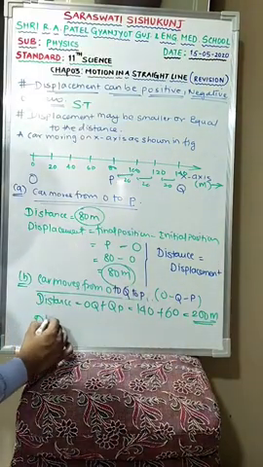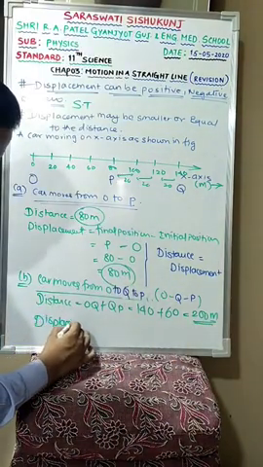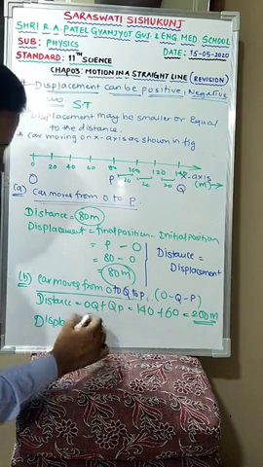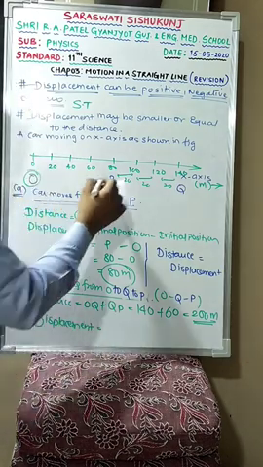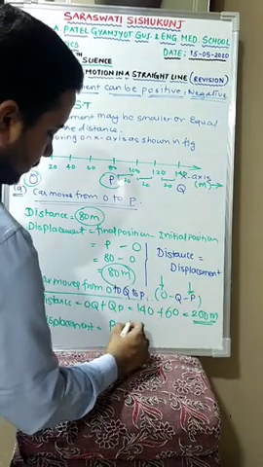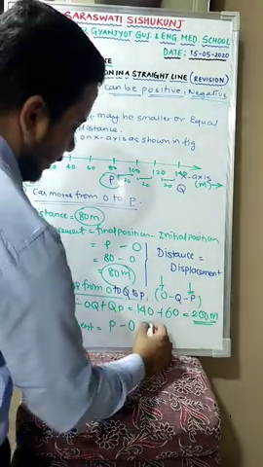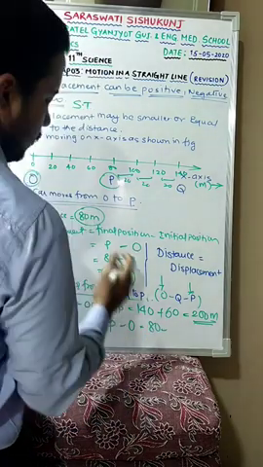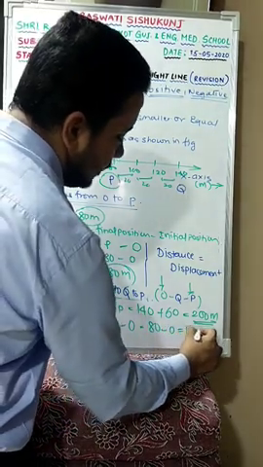Now if somebody asks me the displacement in this case, I can answer: this is my initial position and this is my final position. So P minus O. P is 80 minus O is 0, so my answer is 80 meters.